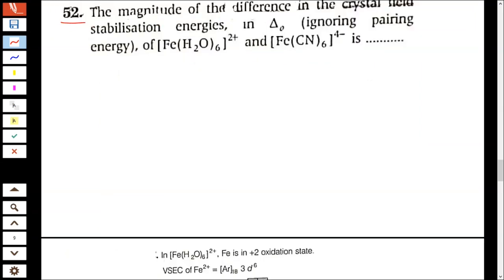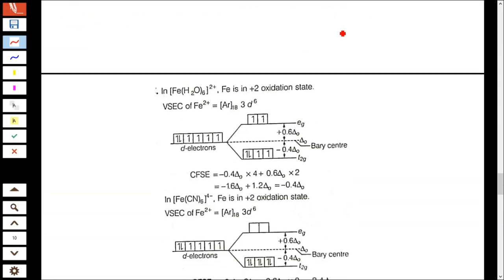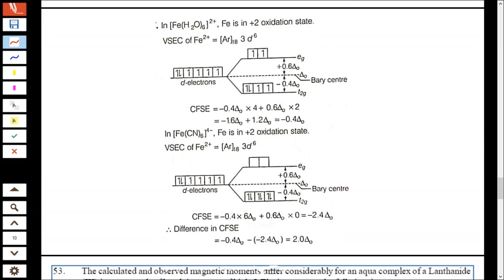Question number 52. Magnitude of the difference in crystal field stabilization energy, delta naught (octahedral), ignoring pairing energy P, of the Fe2+ complexes Fe(H2O)6 2+ and Fe(CN)6 4-. First you take the complex Fe(H2O)6 2+.